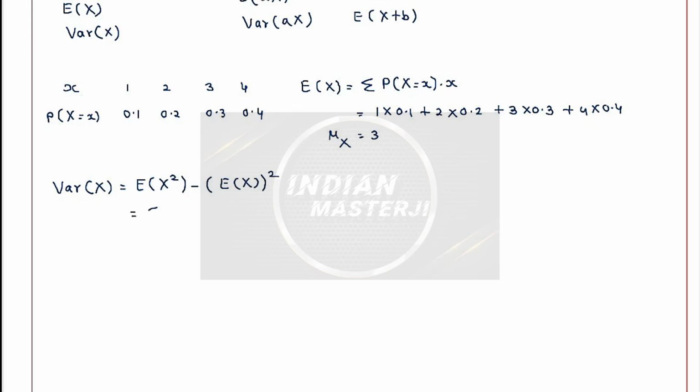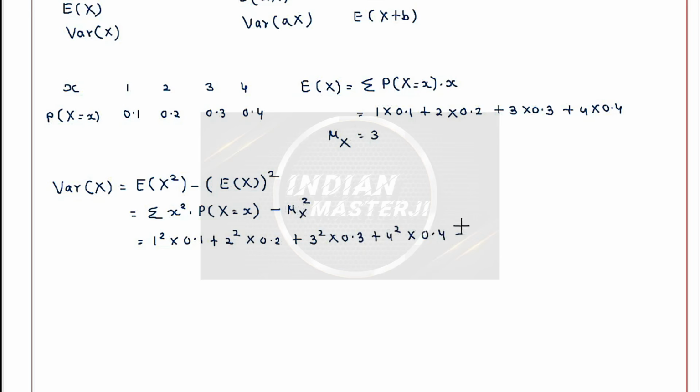So this becomes equal to the summation of x square into probability of x taking the small value x, minus mu of x square. So this will be equal to 1 square into 0.1 plus 2 square into 0.2 plus 3 square into 0.3 plus 4 square into 0.4 minus mu of x square.